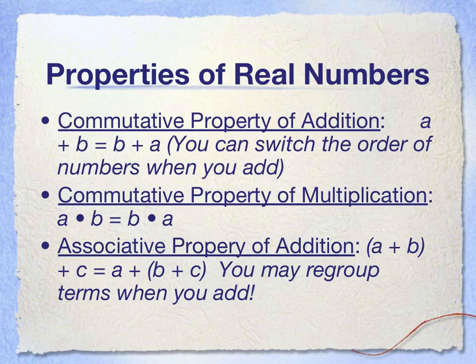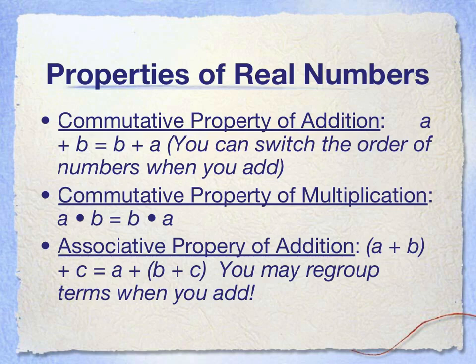And then we've got an associative property. The associative property usually deals with 3 things. It tells us that if we have 3 numbers that we're adding, we can add them in any order, and we'll still get the same. They will be equal.